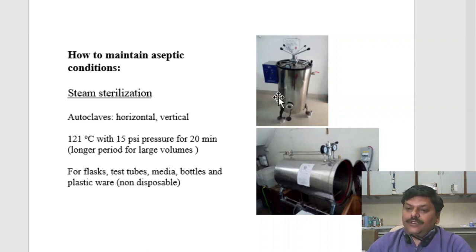That means under these harsh conditions, such a high temperature and such a high pressure, no living cell can survive. And whatever we put inside these autoclaves, they are of many types, vertical as well as horizontal.